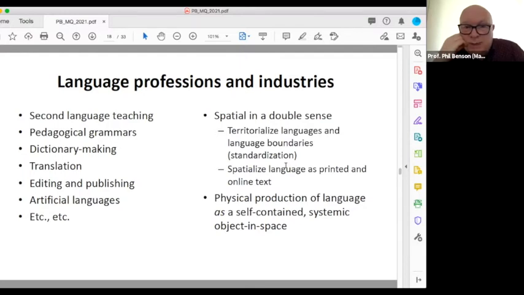So one of the things that I'm particularly interested in here is the way in which the language professions in particular are engaged in this physical production of language as a self-contained systemic object in space. So when I talked about language being produced in the image of a geometric empty space, it's largely the language professions and industries that do that, while linguistics tends to theorize what they do.